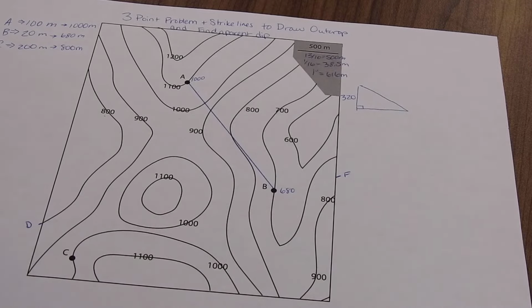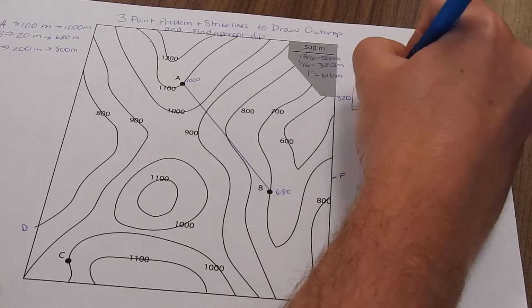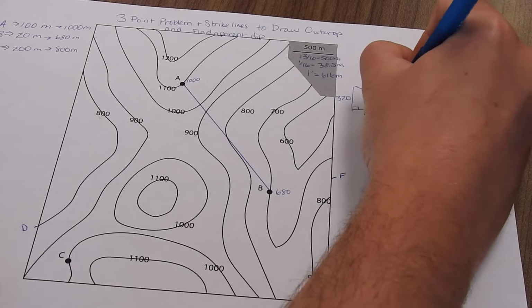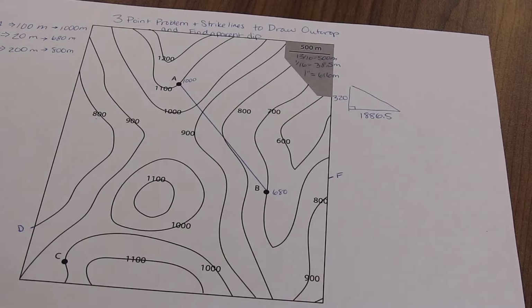All right, so 3 times 616 plus 38.5 should give you 1,886.5 meters. And now we're going to calculate the apparent dip.